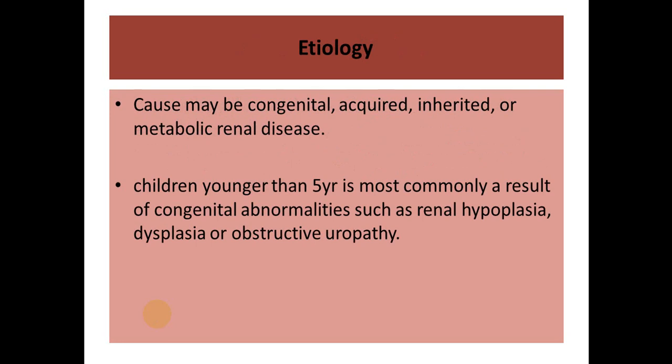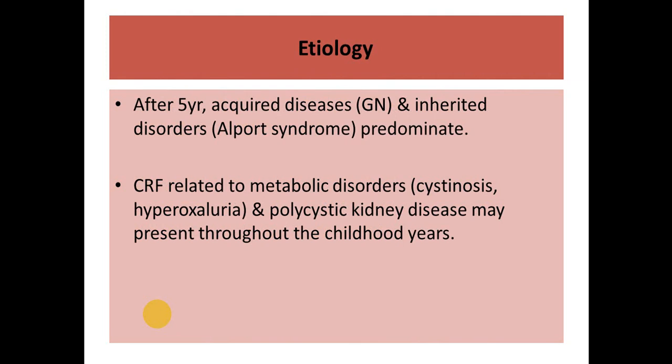Causes may be congenital, acquired, inherited, or metabolic renal disease. In children younger than 5 years, it is most commonly a result of congenital abnormalities such as renal hypoplasia or dysplasia, or obstructive uropathy. At 5 years and above, it is mostly acquired glomerulonephritis, Alport, or related to metabolic disorders like cystinosis, hyperoxaluria, and polycystic kidney disease.